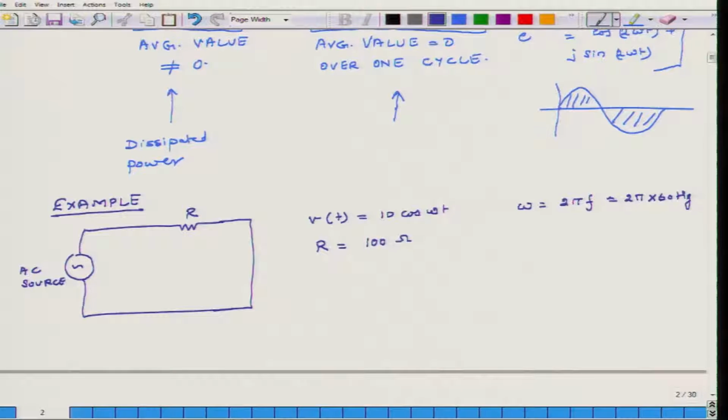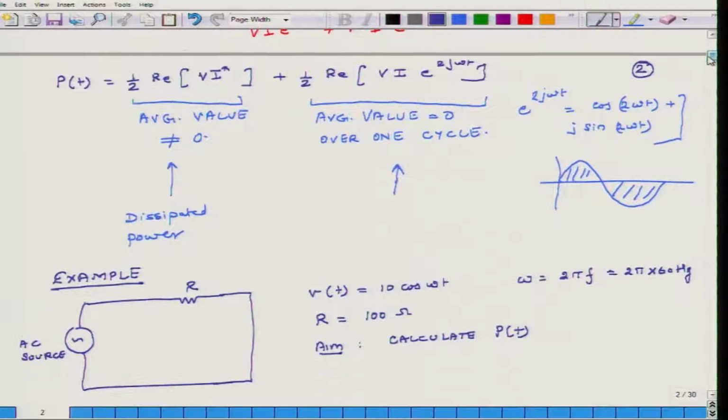So, our aim is to calculate power as a function of time. In the relation for power, we have to know V, which is the amplitude of complex voltage, we have to know I star and we have to know omega.